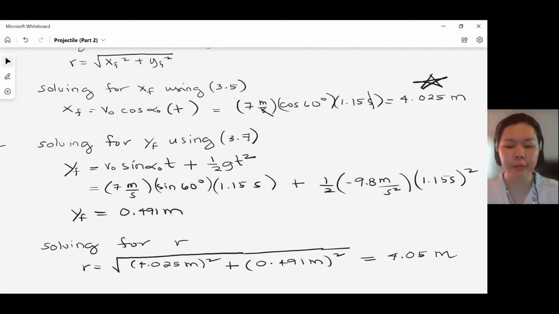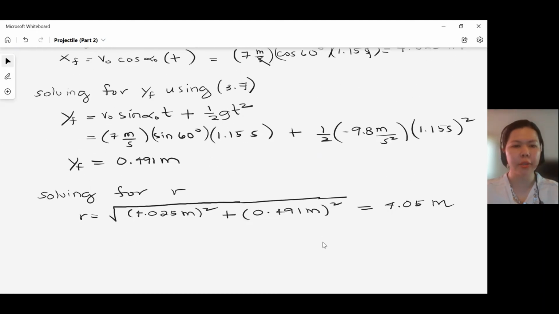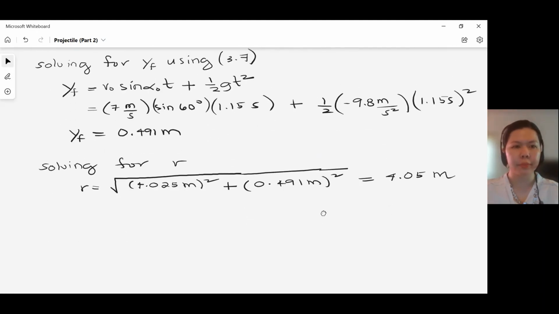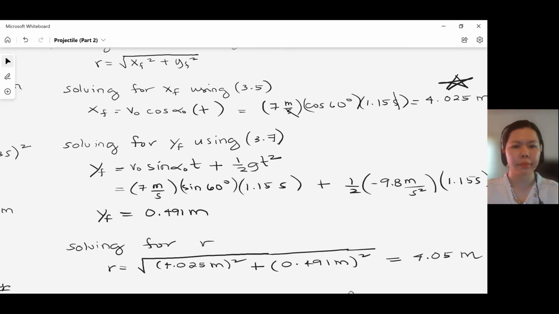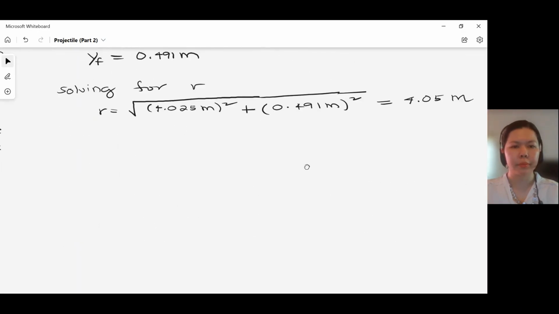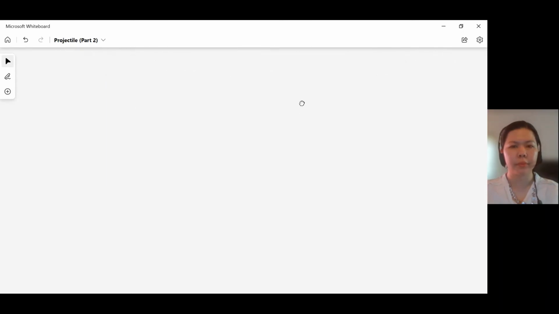Solving now for the velocity v after 1.15 seconds, using again equations 3.9 and 3.10. Equation 3.9 is solving for v.